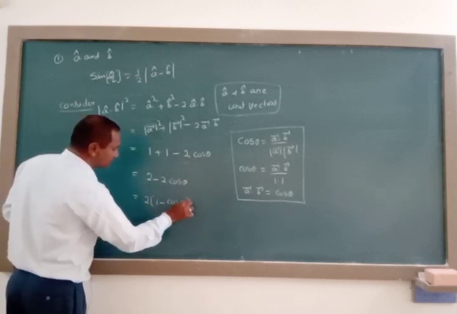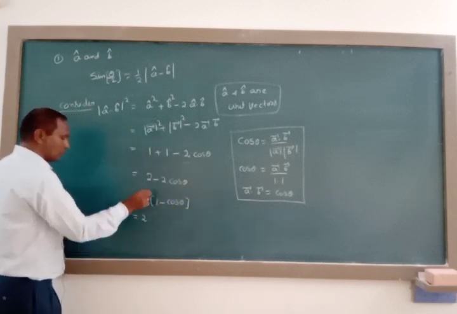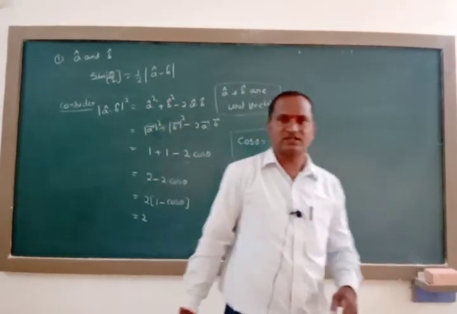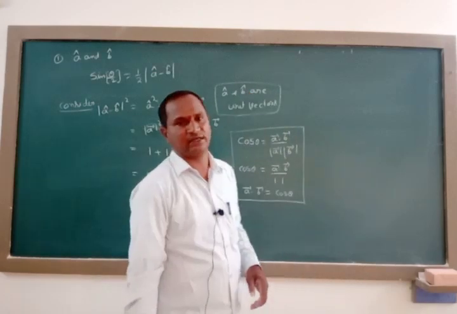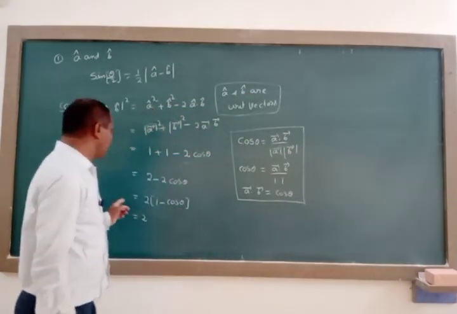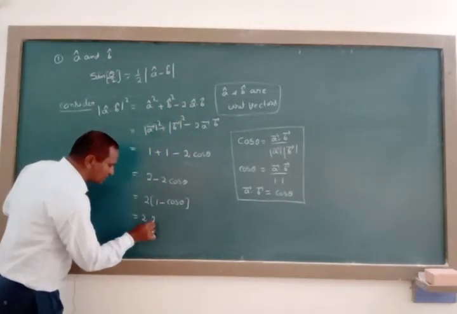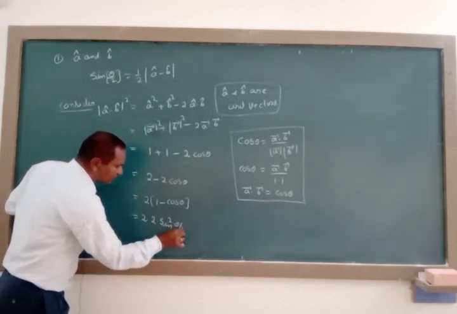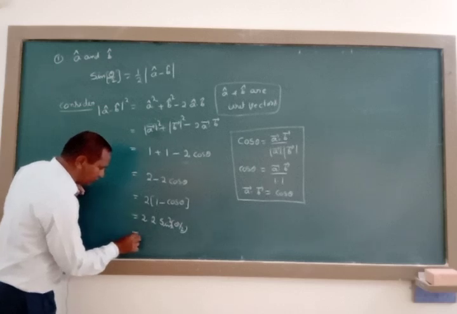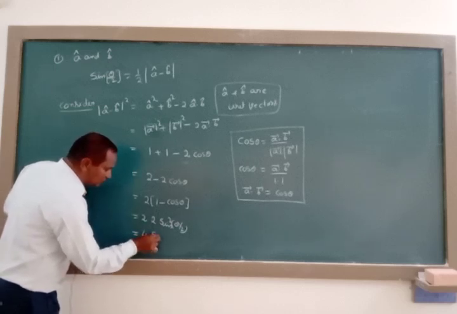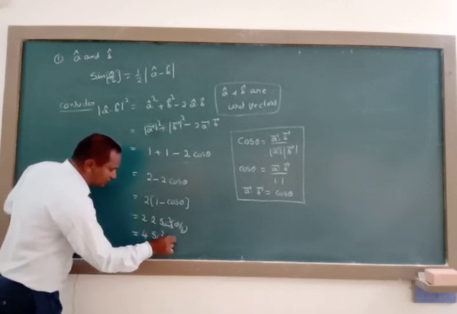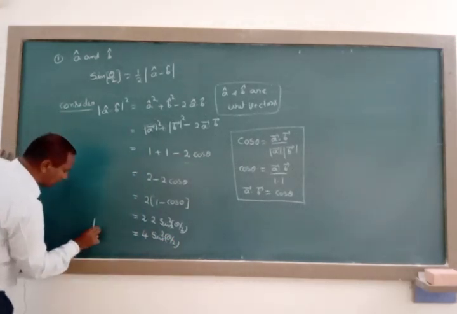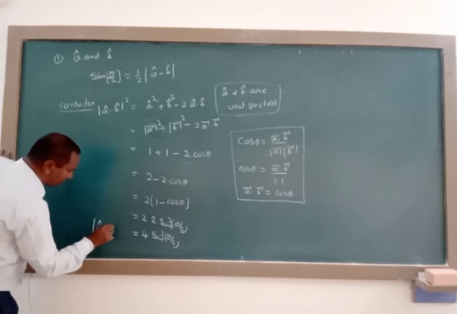Here we apply the submultiple angle formulas of trigonometric functions: instead of 1 minus cos theta we can write 2 sin square theta by 2. That is 2 into 2, 4 sin square theta by 2. That means we got magnitude of a cap minus b cap whole square.